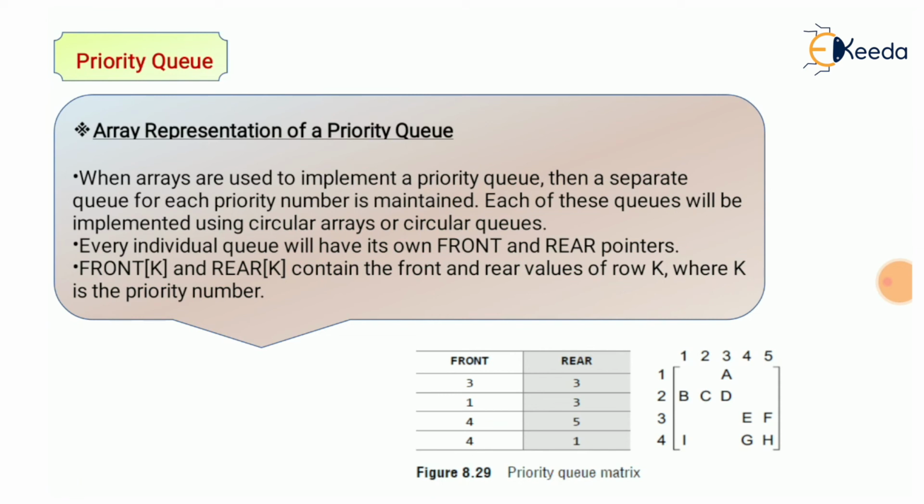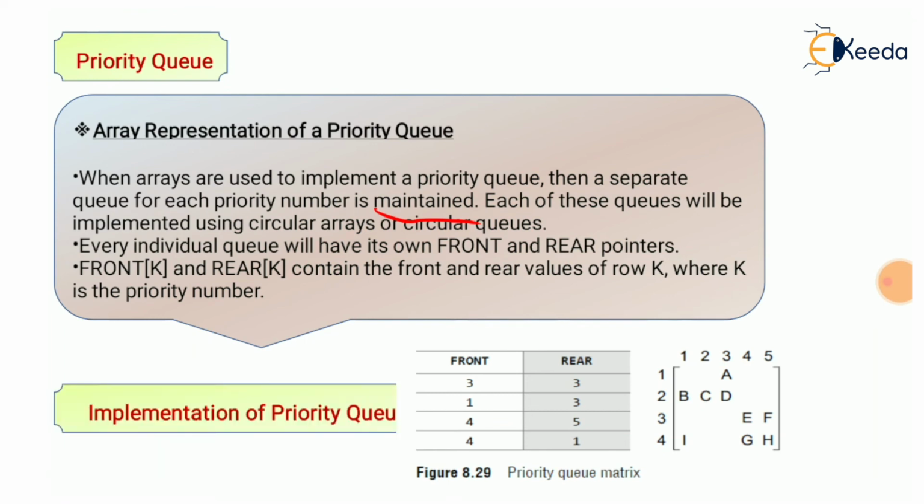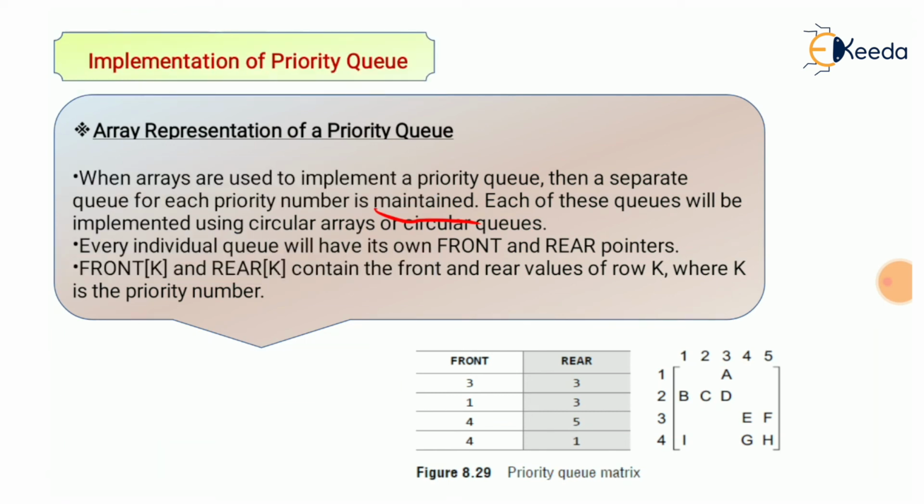When an array is used to implement a priority queue, then a separate queue for each priority number is maintained. Each of these queues will be implemented using a circular array, or circular queue.